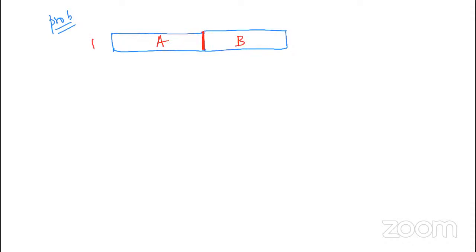Here the temperatures are T1 and T2. T1 is 30 degree centigrade and T2 is 60 degree centigrade. The length of the first rod is 1 meter and the second is 2 meter. Now I need the junction temperature.